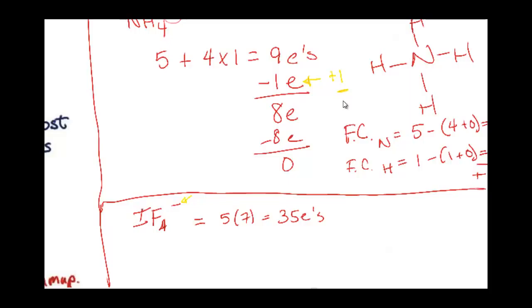That minus sign says that we have an extra electron. So we add 1 electron to get 36 electrons. Where did that extra electron come from? It came from this minus charge right there. Okay? So now, business as usual.